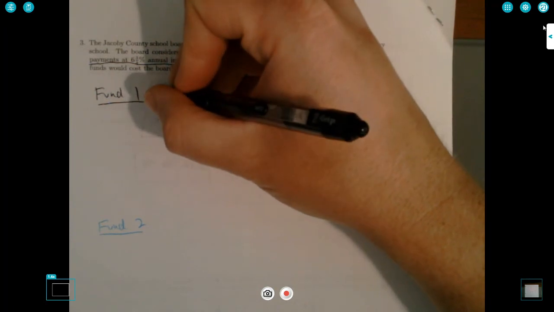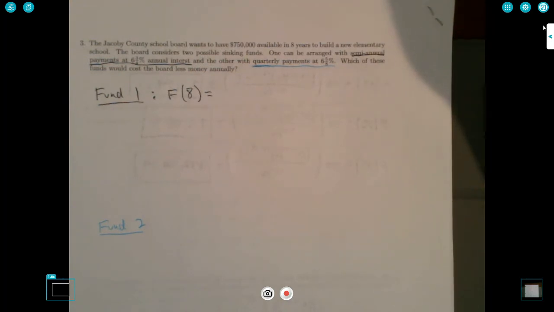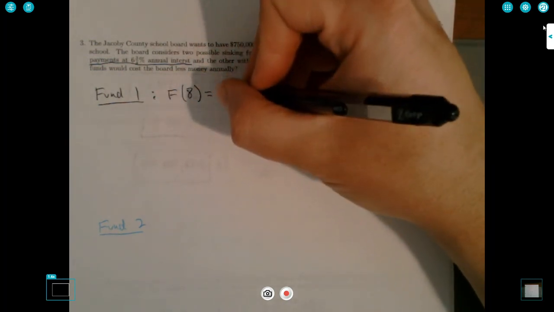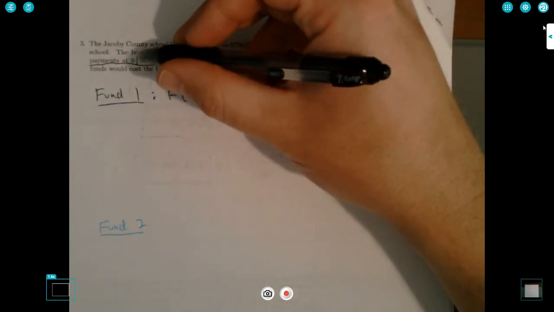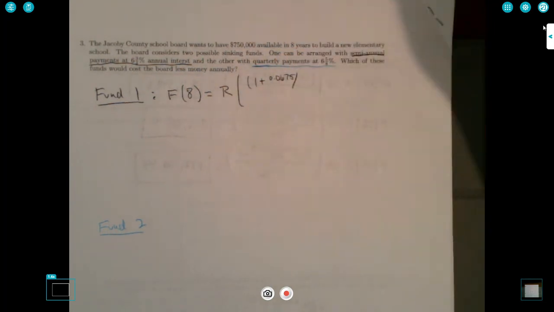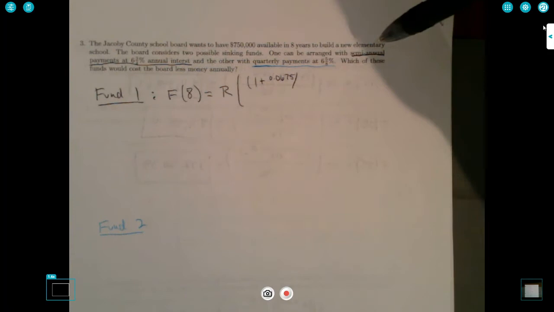So we'll say future value after 8 years is going to be the rent, which we don't know yet, times 1 plus interest rate, 6.75%, so 0.0675, divided by number of times it's compounded each year.